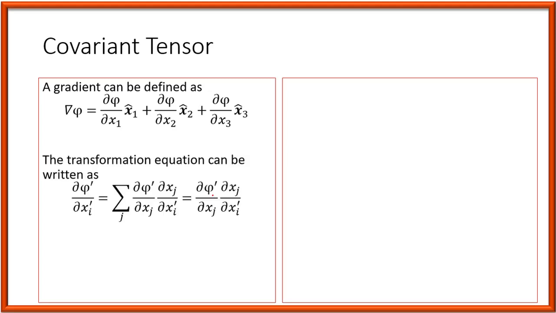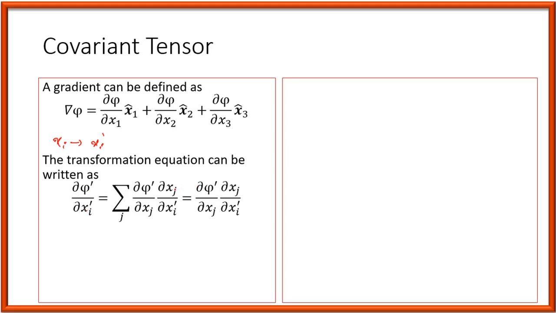Now I also transform this from the xi to the xi dash frame. Using the transformation, I want to know how the component dou phi by dou xi changes to the new one, dou phi dash by dou xi dash.